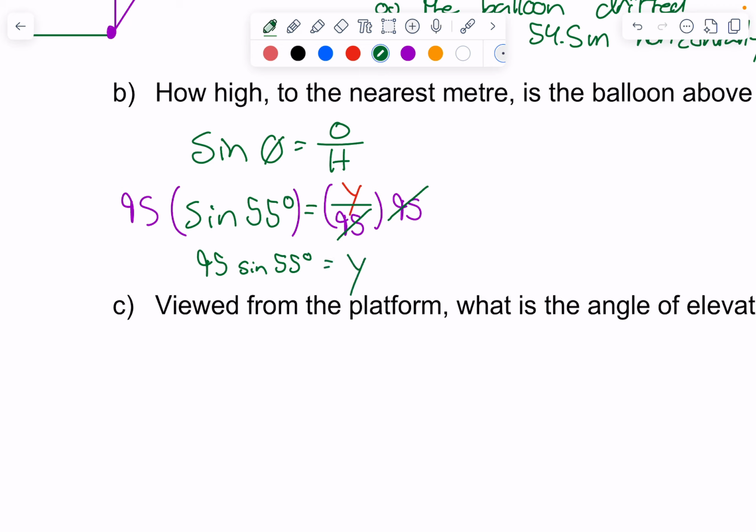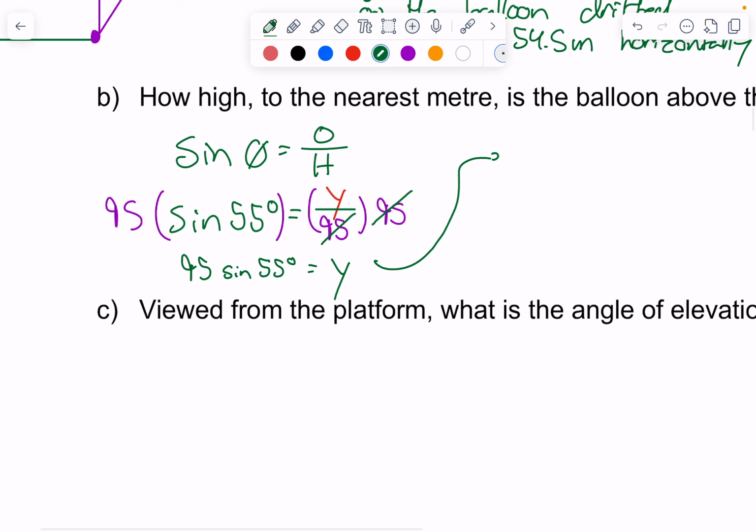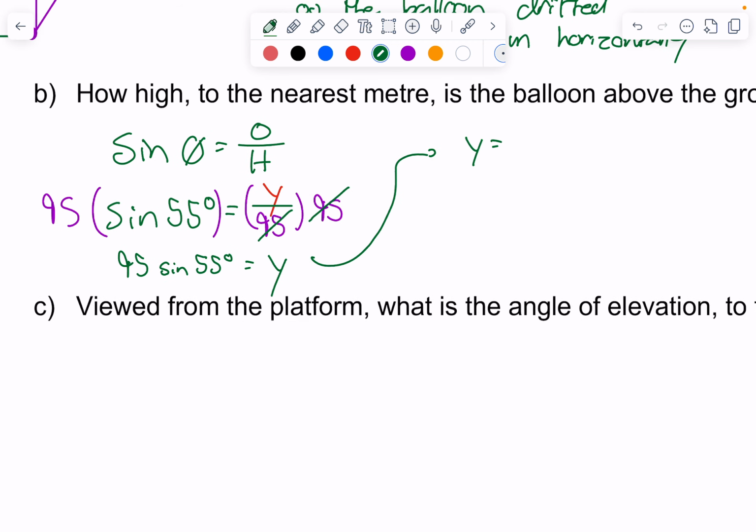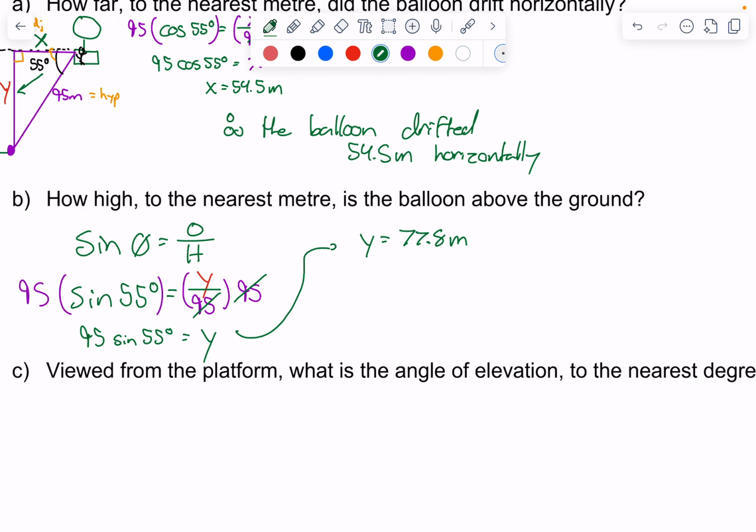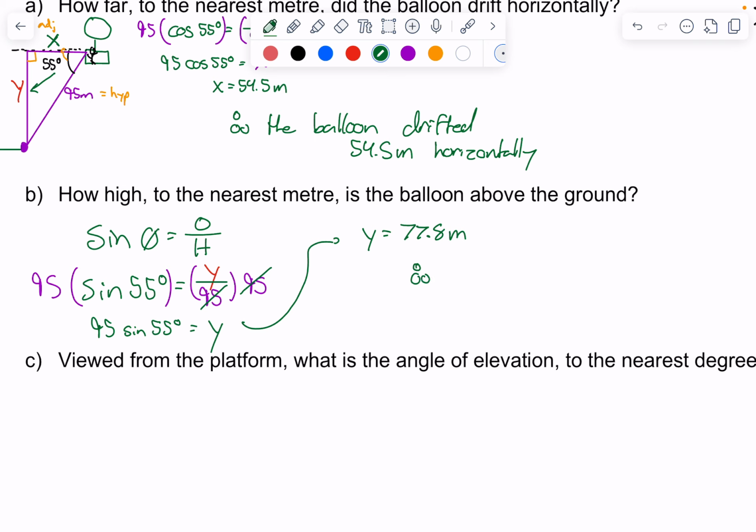So 95 times sine 55 is equal to, I'll put it up here, so y is equal to 77.82 meters. I think I rounded one to the bottom, so 77.8 meters. So therefore, the balloon is 77.8 meters high.